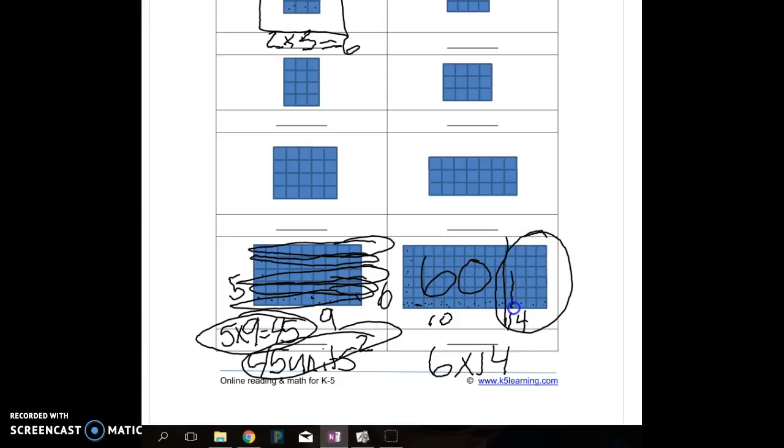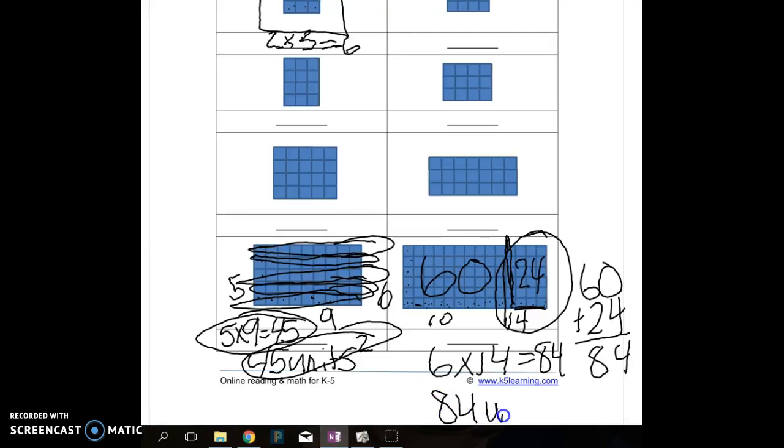I know it's 6 down and 4 across. 6 times 4 is 24. 60 plus 24 is 84. So I know 6 times 14 is 84, because that would be breaking them into smaller chunks I can manage, but I didn't change how many squares were there. So I would say it's 84 units squared.